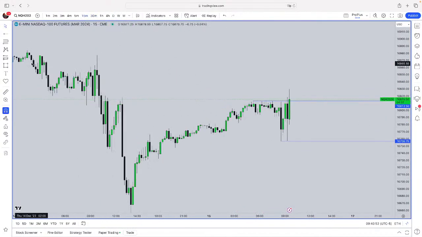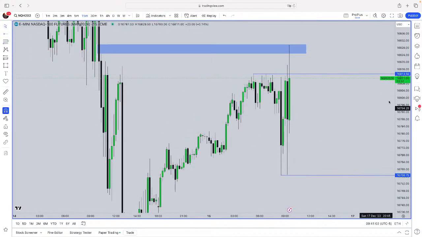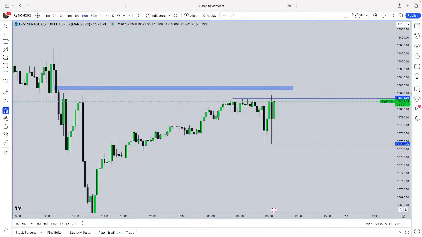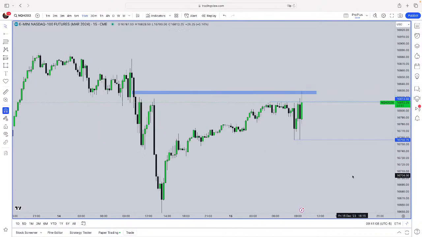It's on the 15. Has it tapped into this yet? It has tapped into that now. And also ran that high, like I said. Yeah, let's see what it does in 5 minutes' time. What's your view, Chaz, on the Nasdaq?